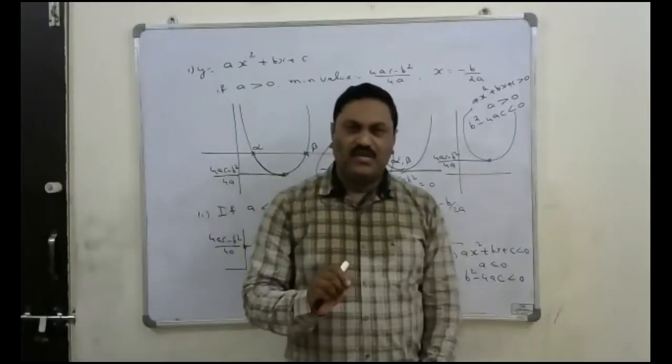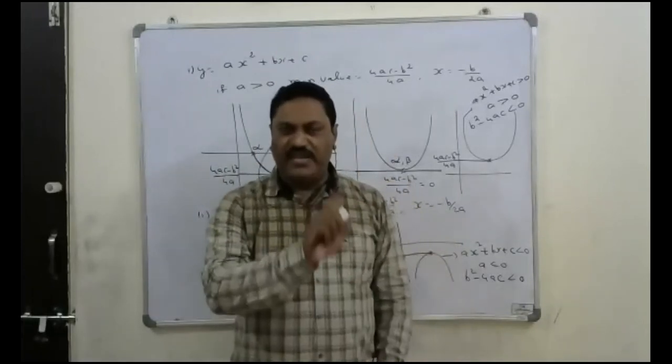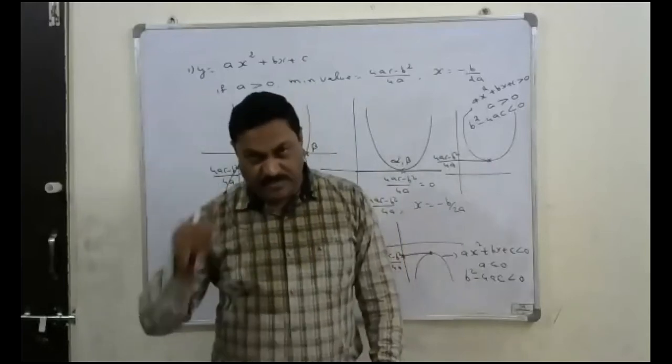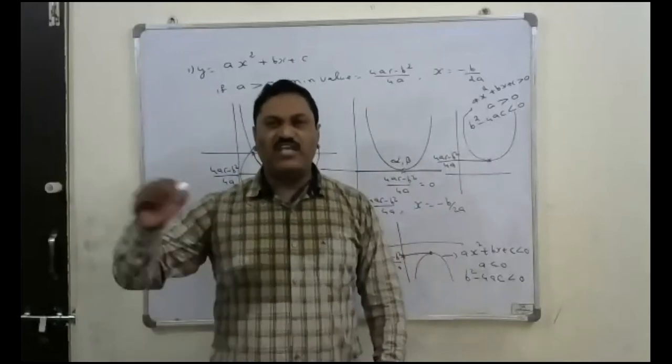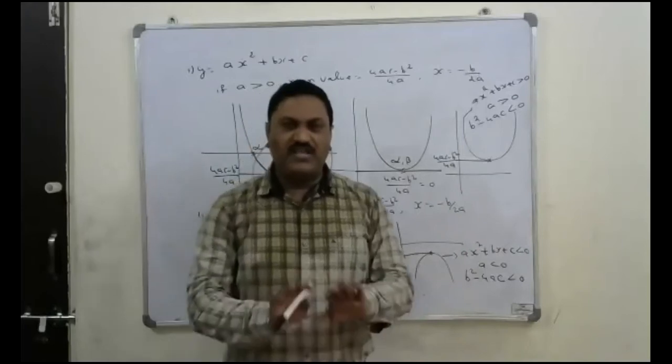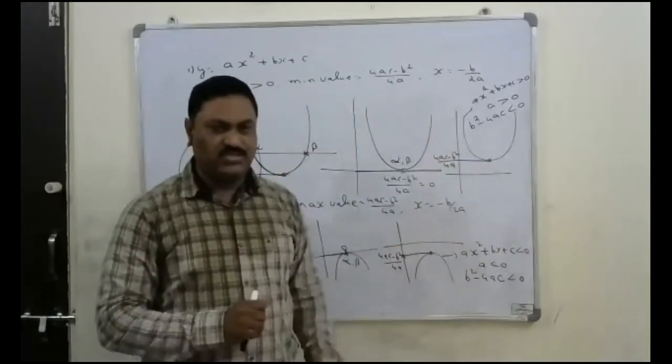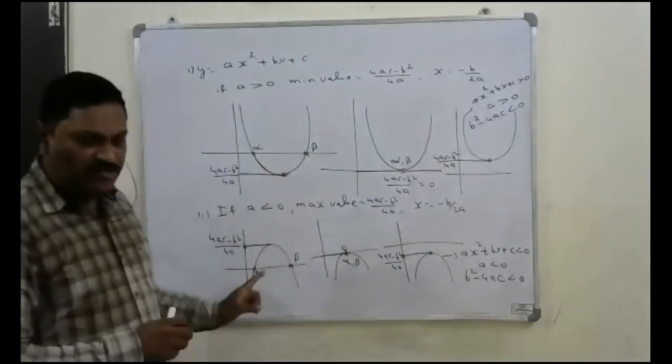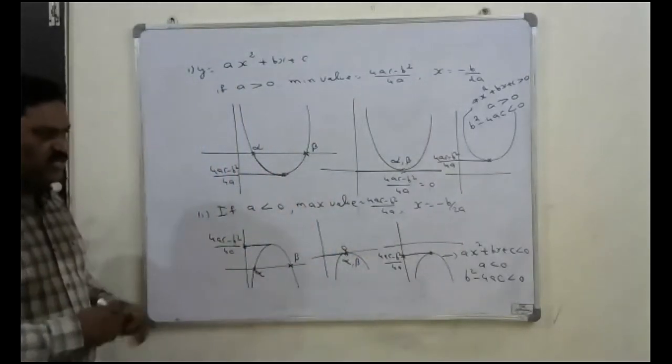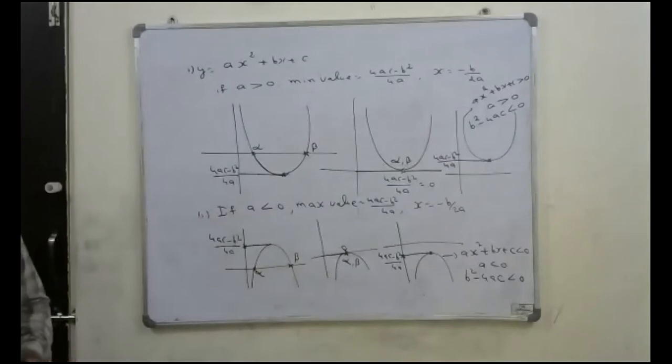Or when the roots are complex, when ax square plus bx plus c and a have the same sign, that is true for all x belongs to R. For all the real values of x, that is true. Like that, you have to remember the statement. Understand? So take this graph, then you can understand that more easily.